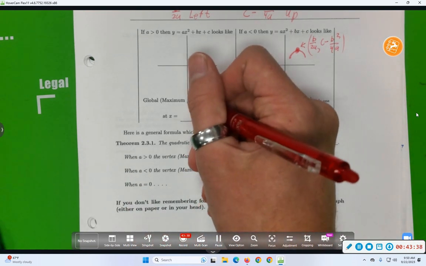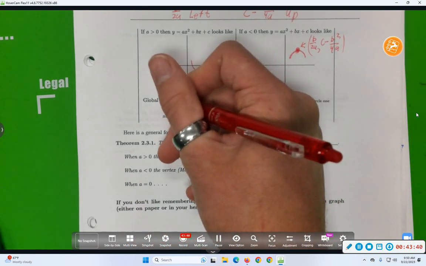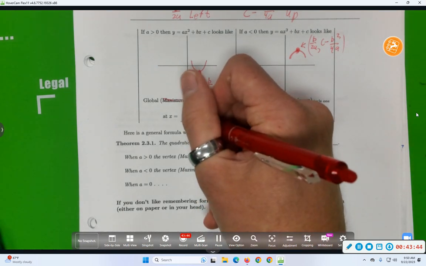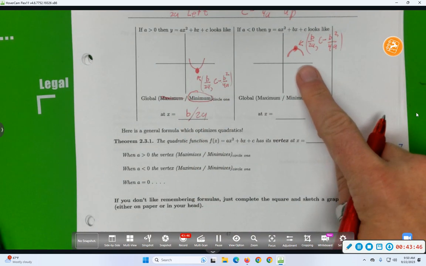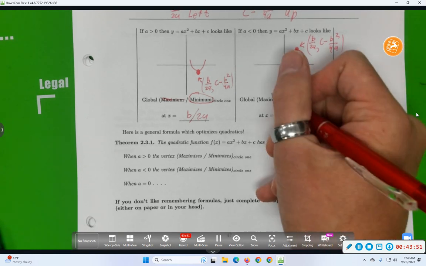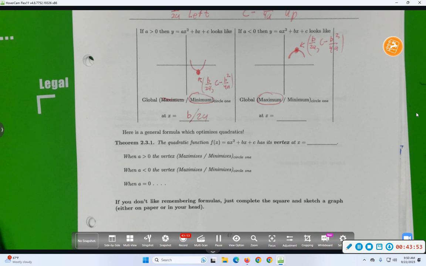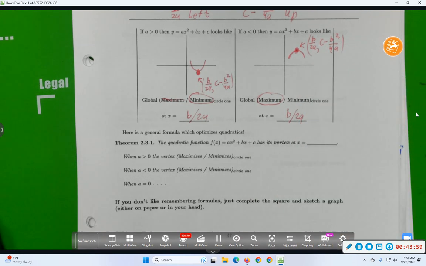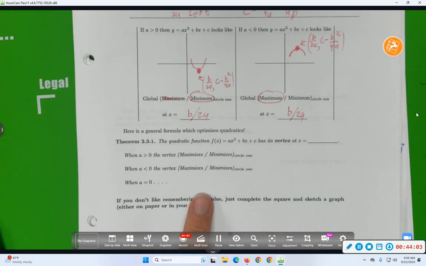A minimum. What input produces that minimum? b over 2a. Same question here. Maximum or minimum? What input produces that maximum? b over 2a.